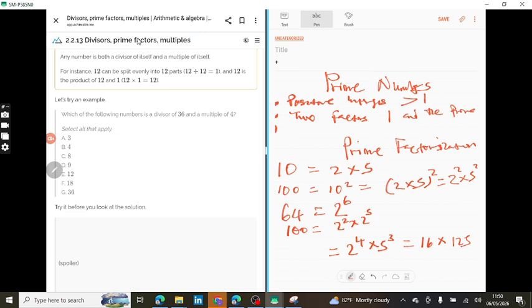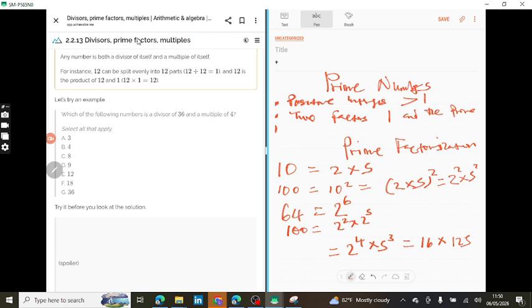What do you multiply with 100 to get 2000? Remember, we have 100.